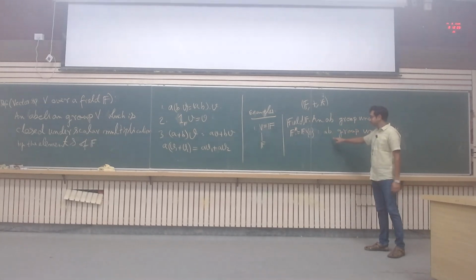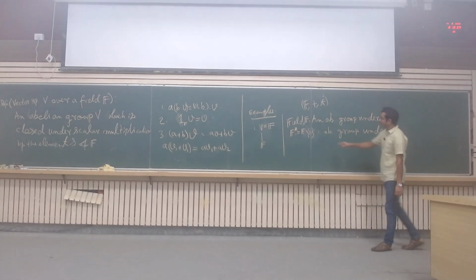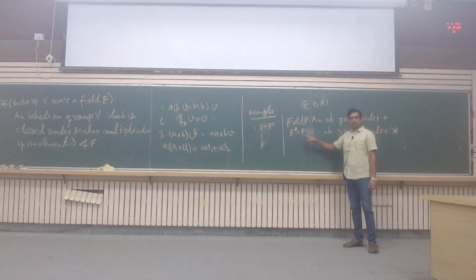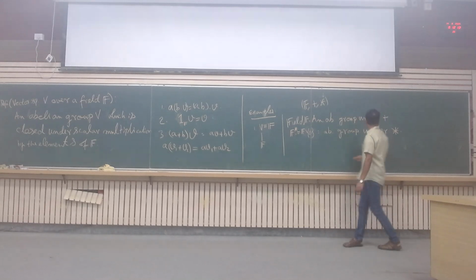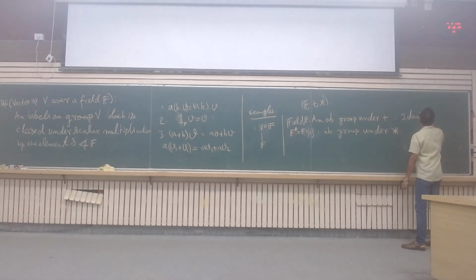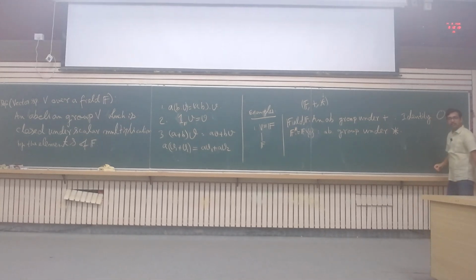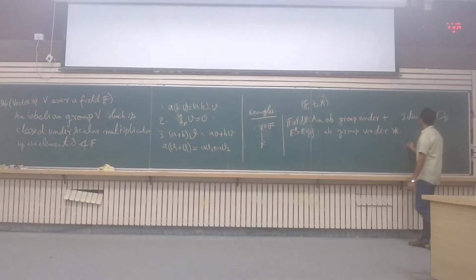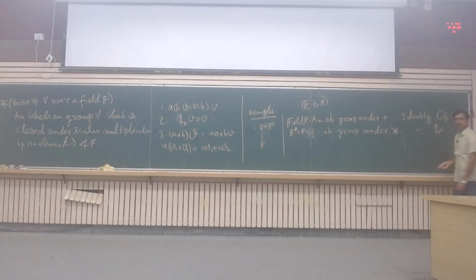And F star is an abelian group under multiplication. And here, the identity is not 0, but 1, the multiplicative identity. Here the identity element is the additive identity, 0. If there is any confusion about which field you are talking about, you can denote the subscript F here, and here the identity element is 1 in the field F.